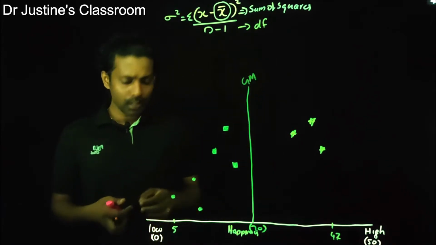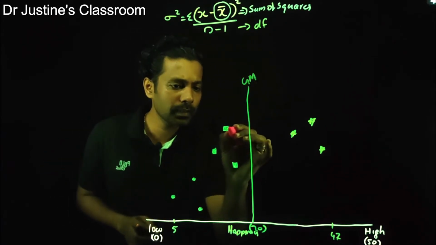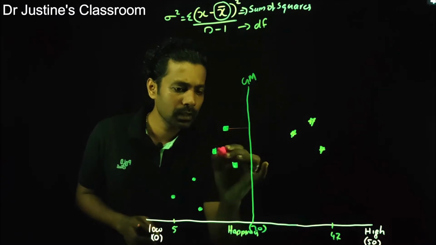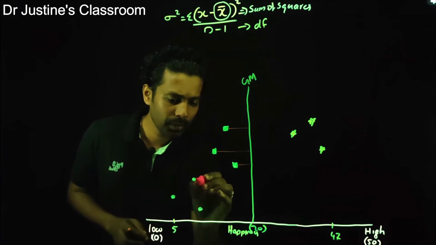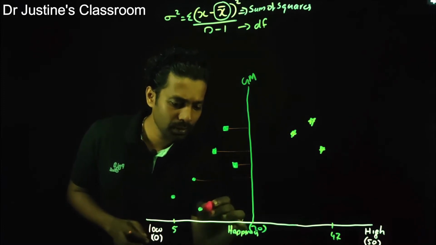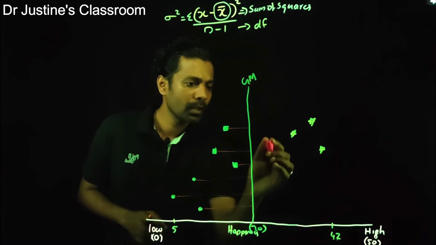Now, what is this grand mean, this sum of squares observation? It means this much variation here, this much variation here, and this much here.